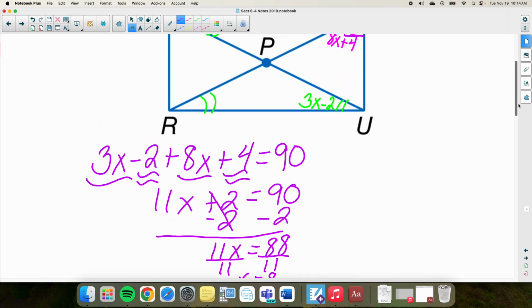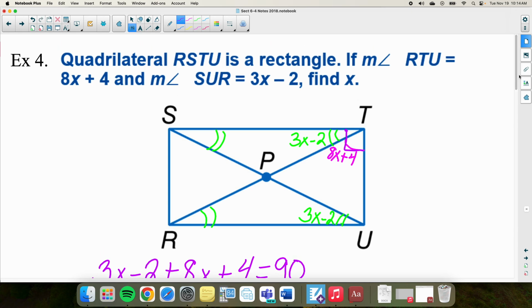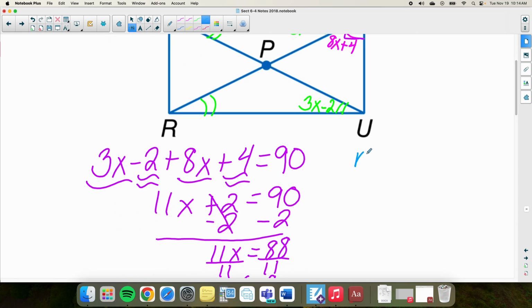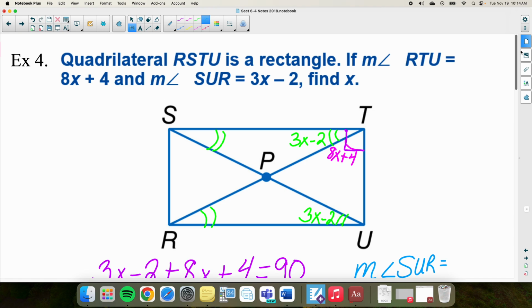But again, they don't always just ask us to stop there. And this time we want the measure of angle SUR. Okay, SUR. Oh, no, I'm lying. They want x. So that is what they wanted. So we could stop there.